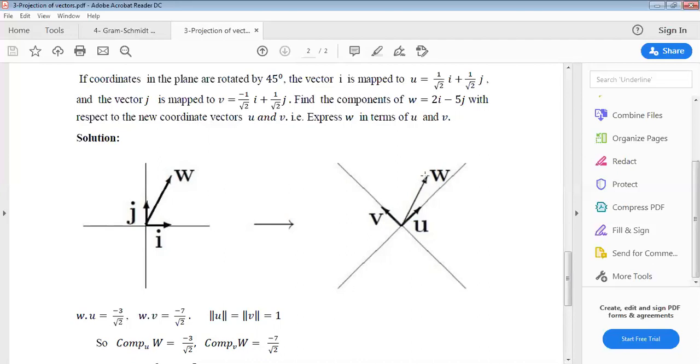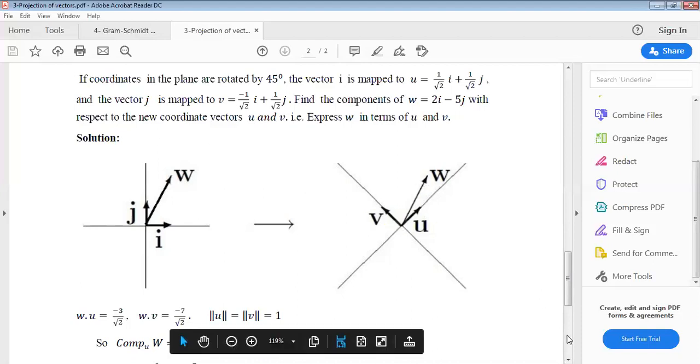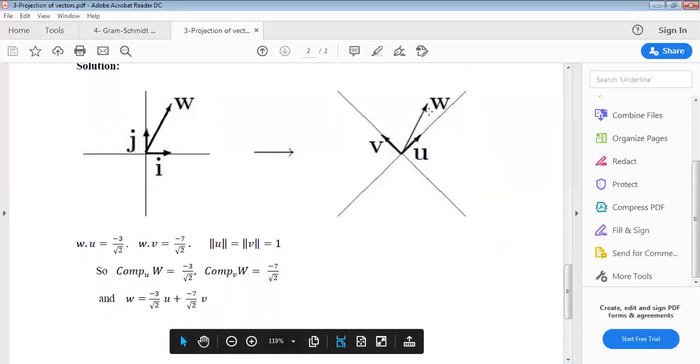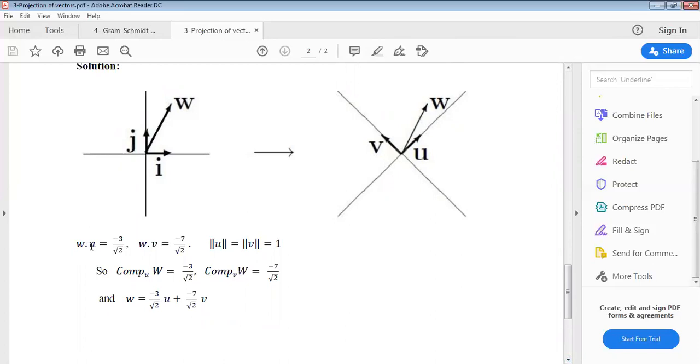So what he is asking is the component of w on u. What is its value? First calculate w dot u. What is w dot u? Minus root 3 by 2. W dot v is minus 7 by root 2.